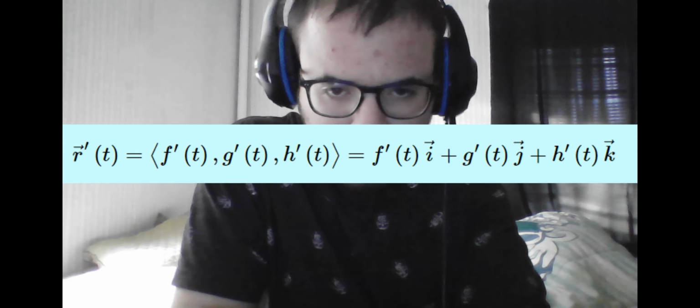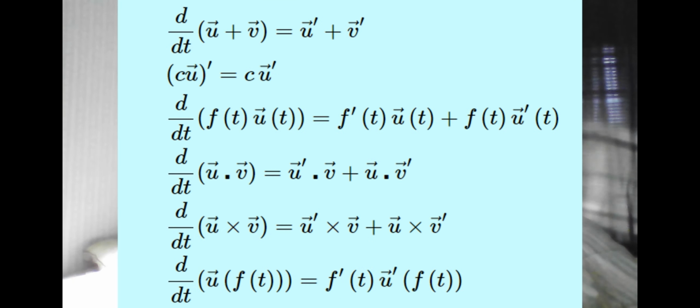For example, the derivative of a sum is the sum of the individual derivatives, which makes sense because of how vector addition works. The derivative of a constant times a vector function is simply the constant times the derivative of the vector function by itself, which makes sense if you know how multiplying vectors by constants works.